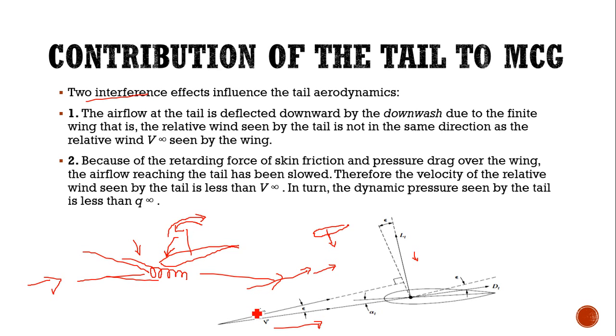What we are considering here is the relative wind over the wing as V infinity, and the relative wind over the tail as V dash. This is the difference, and also the direction. As I told, the flow at the tail is deflected downwards due to the downwash, so here the relative wind is deflected downwards, and it may not be in the same direction as it reaches the wing.